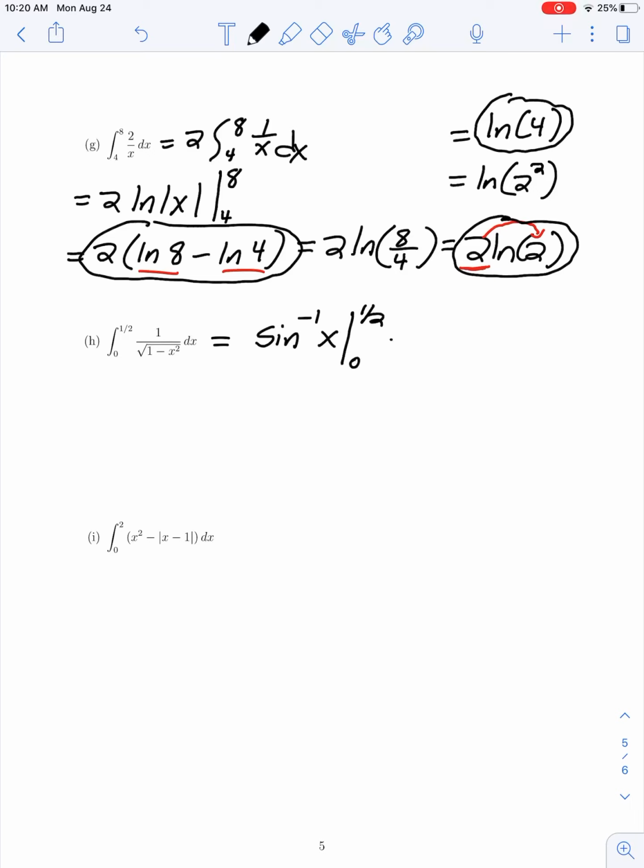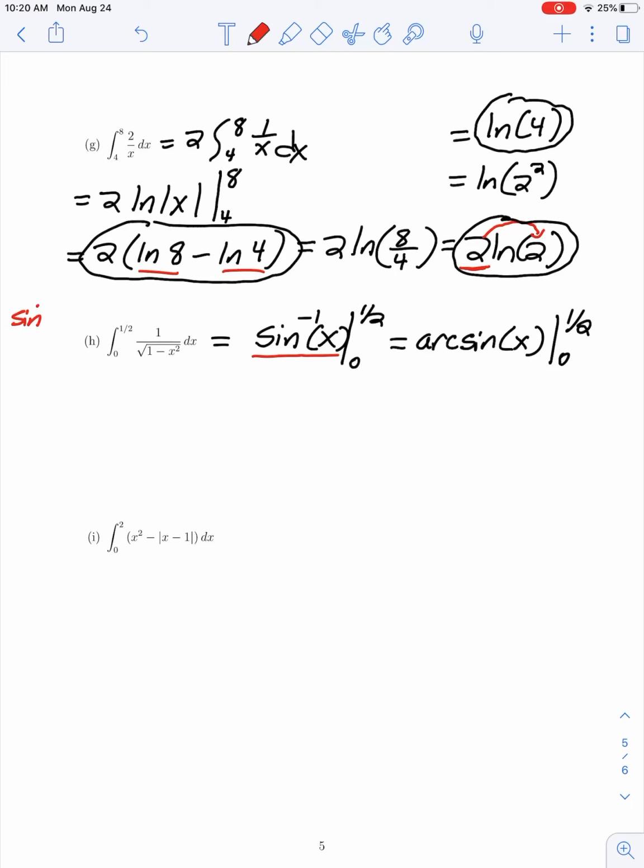And I'll mention some notation that you might see throughout this semester. So the inverse sine function we can either write as sine inverse of x, like this, or some people prefer to write arcsine of x, which we would evaluate from 0 to 1/2. So those notations are equivalent. Now another comment I'll make here, a little word of warning, this notation that we're using for the inverse sine function, this is not equivalent to 1 over sine of x.